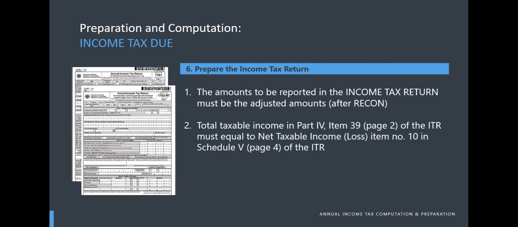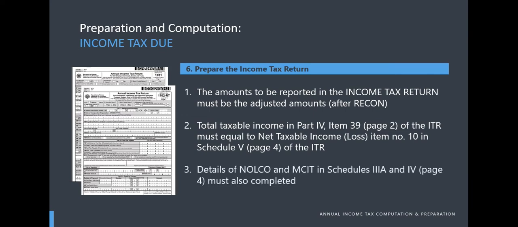Please take note that the total taxable income in Part 4, Item 39, page 2 of the ITR must equal the net taxable income or loss item in number 10 in the Schedule 5, page 4 of the ITR. And the details of NOLCO and MCIT in Schedules 3A and 4, page 4 must also be completed.